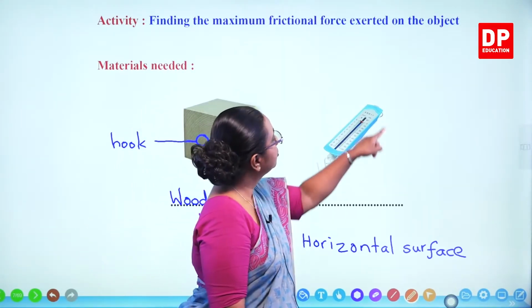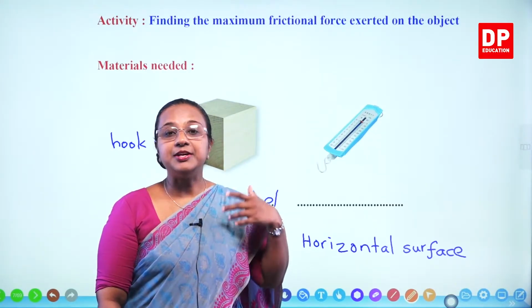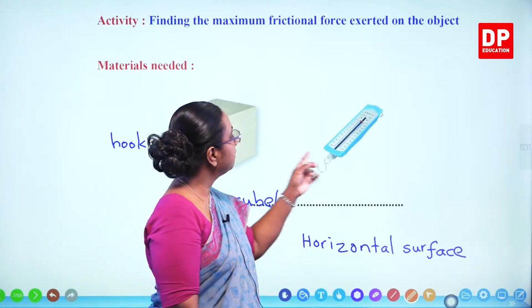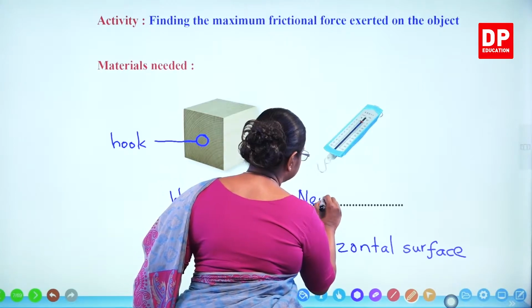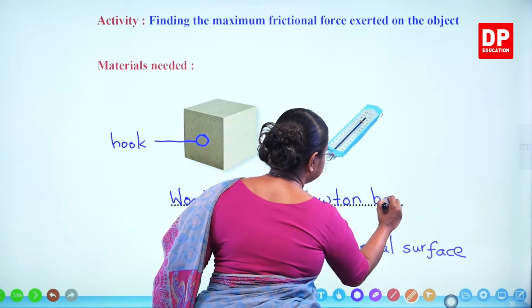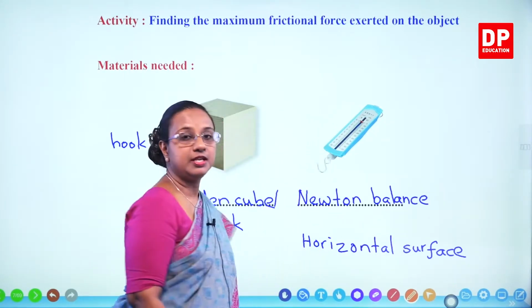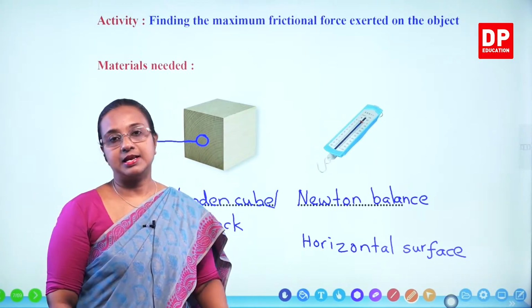And then to measure the force that we are applying and to determine the different frictional forces, we will need a Newton balance or a spring balance. This can be a Newton balance or it can be a spring balance.